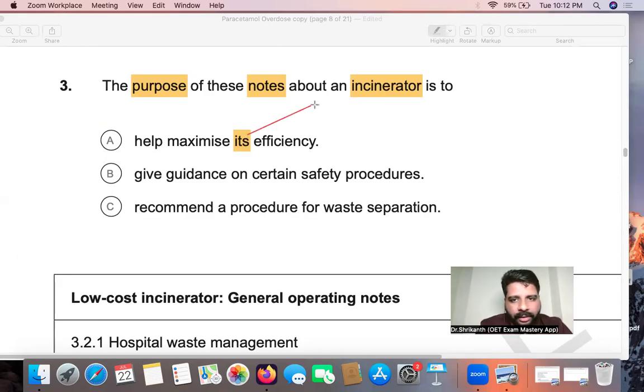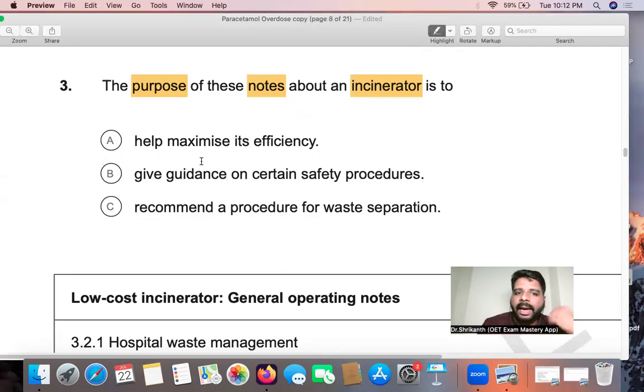This it is referring to the incinerator. You must always be able to make that connection: this, that, them, their, its. That connection you must be able to make. Without that accurate connection, it will become very challenging. So over here, the it is referring to the incinerator. And what is the keyword over here? The keyword over here: help maximize its efficiency.